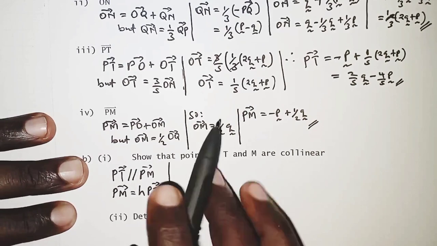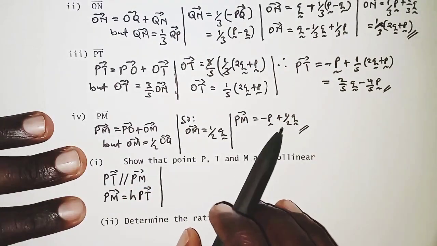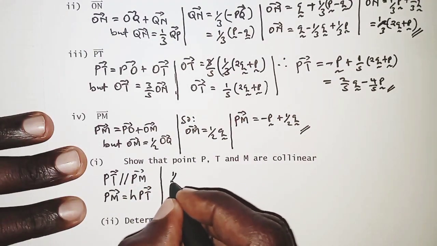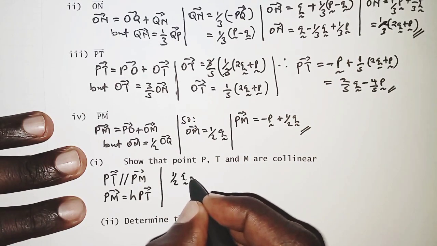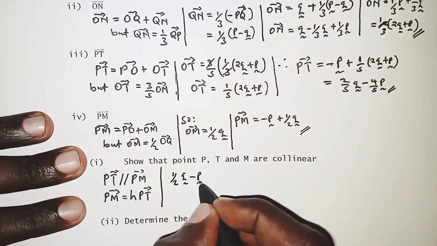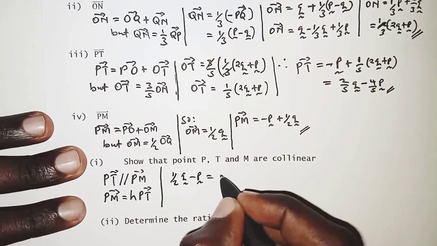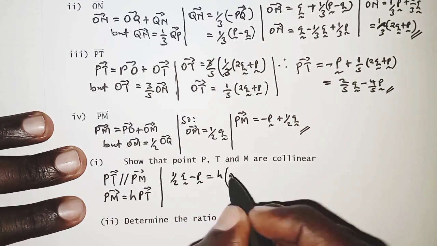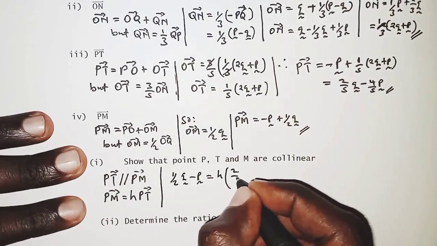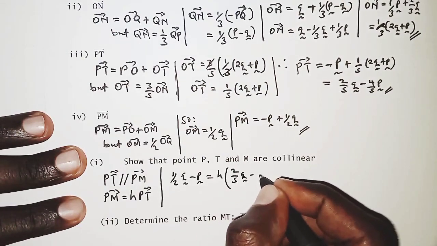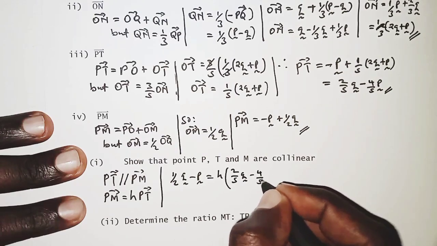So you already have PM right here, a half Q minus P is equal to H into PT, but PT we also had as 2 over 5Q minus 4 over 5P.